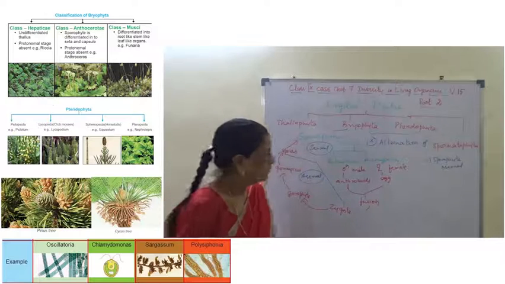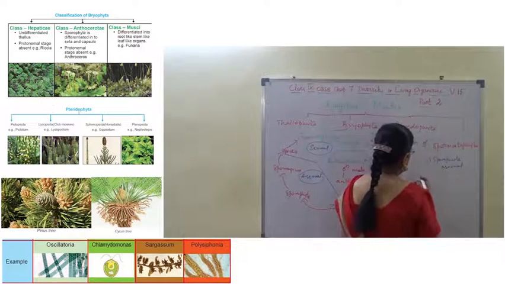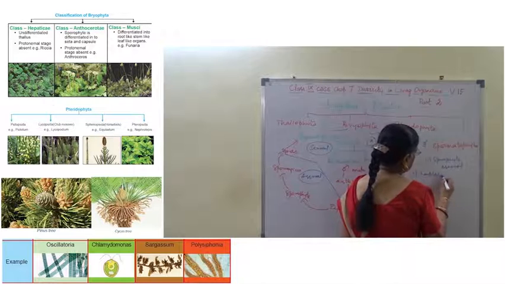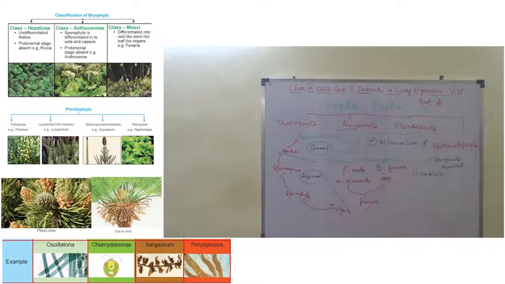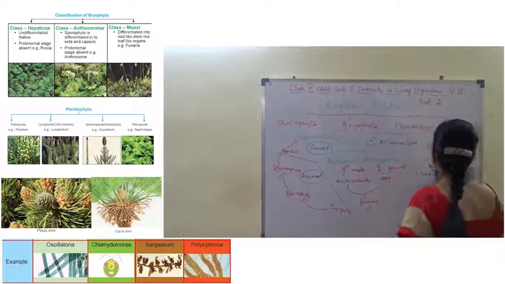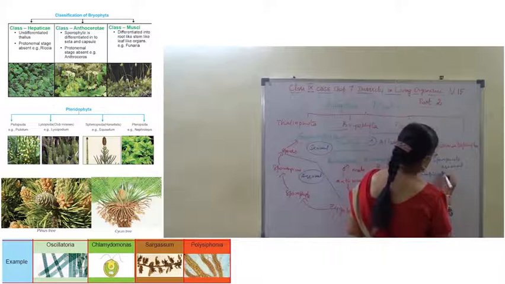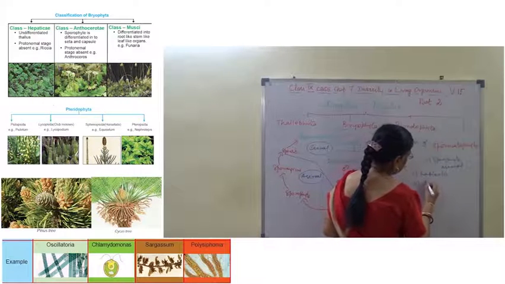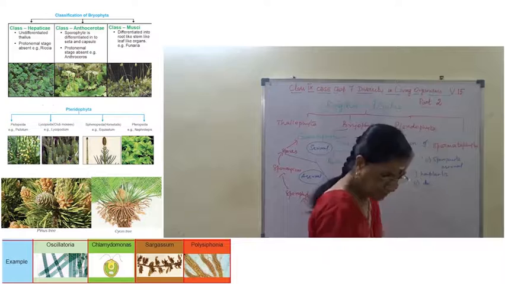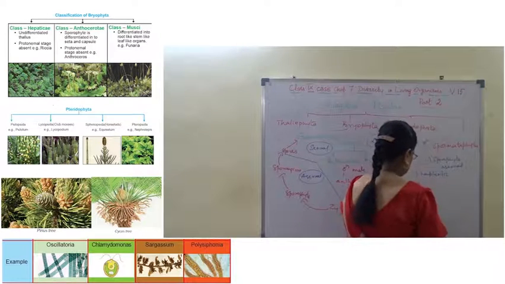The plant body we are seeing is the gametophyte, and they undergo sexual reproduction. So here we come across one more term: haplontic. Then the second one, diplontic.